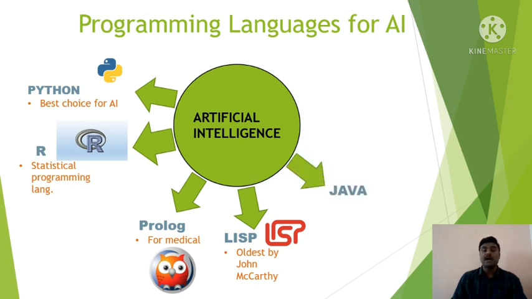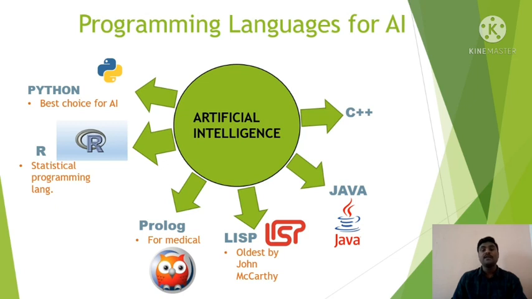Then there is Java. You may have heard about it. So Java is another programming language which can be used for AI. Then there is C++. Yes, we can use C++ as well for programming or for making AI applications or AI models.